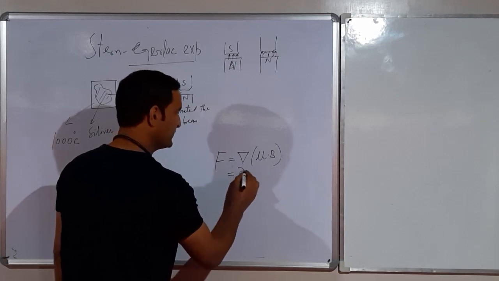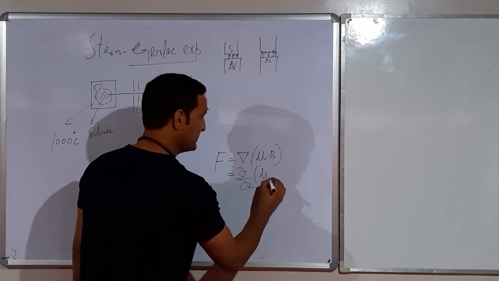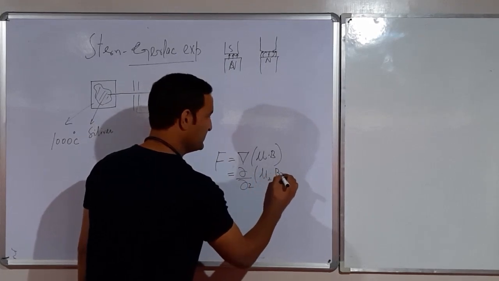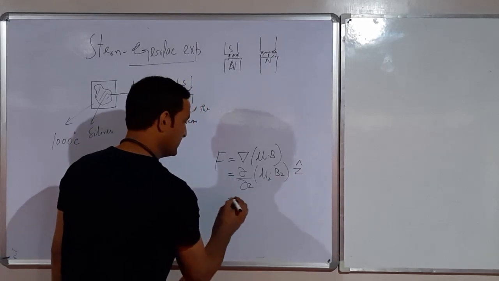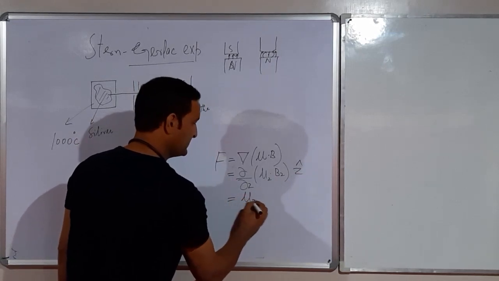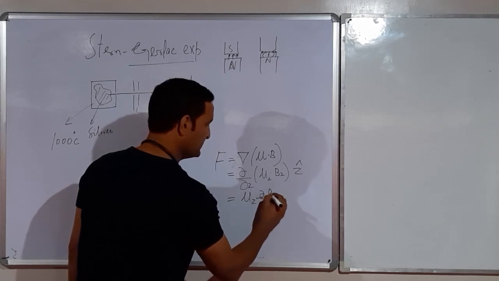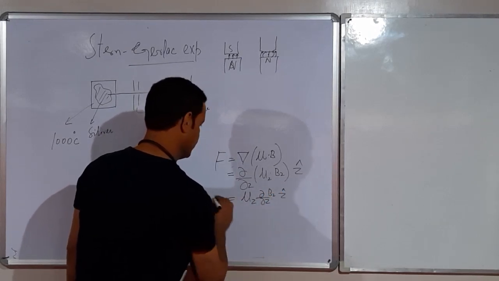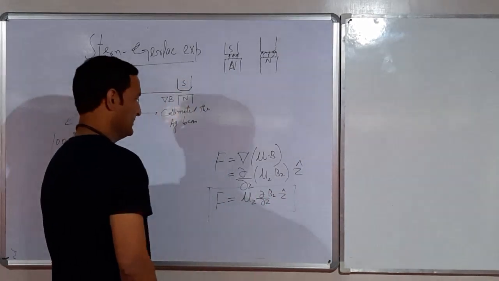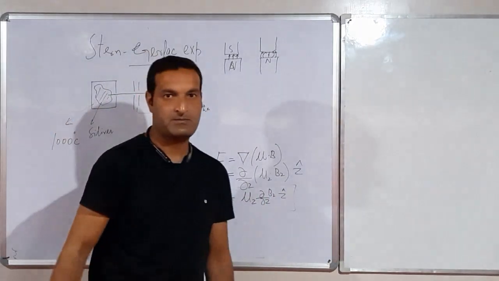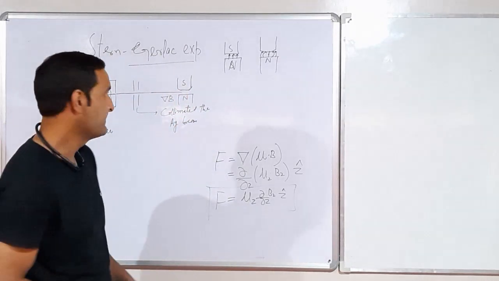We can write it as partial by partial z of mu z dot B z, which can be represented as mu z times partial B z by partial z. So this is the force experienced by an electron in this magnetic field due to spin.